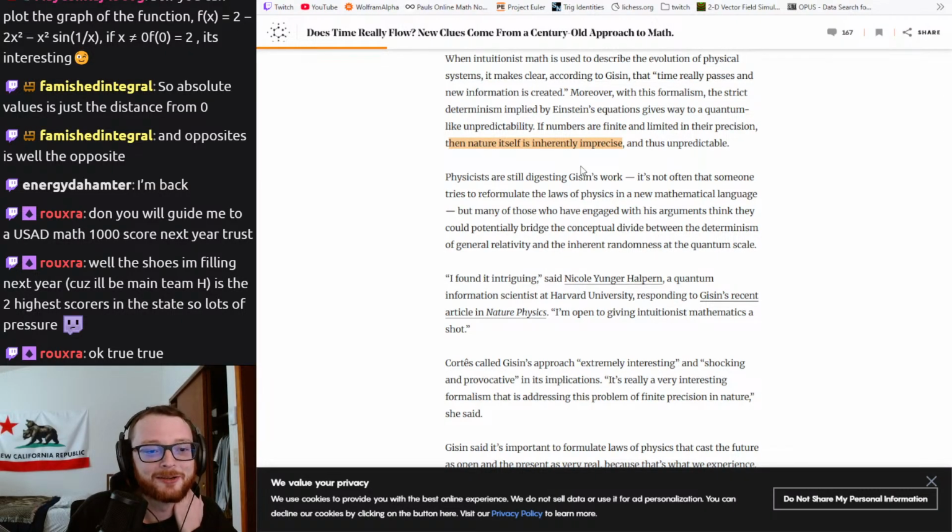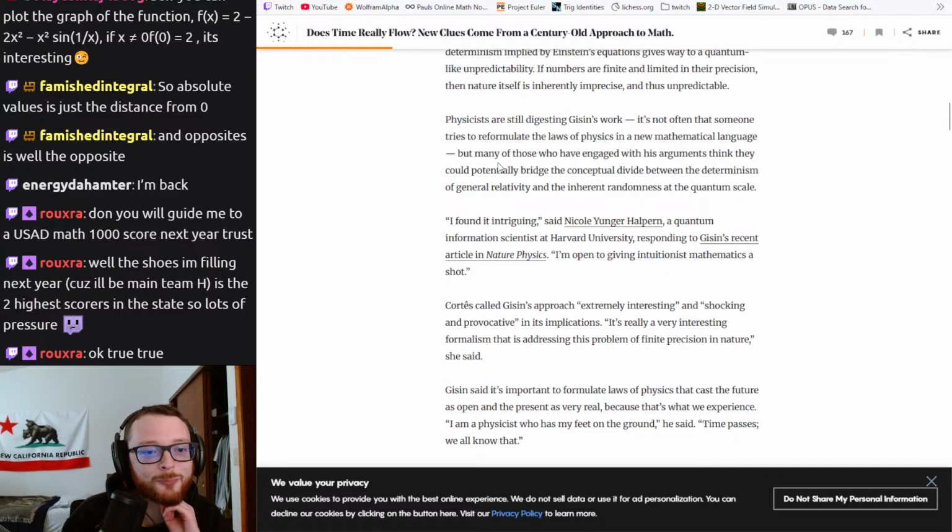I find that phrase disturbing. I wouldn't like it if that was true, if nature was inherently imprecise. But I have thought about it, and it also disturbs me that we sometimes say a physical thing could have length of root 2, because how do you ever measure that? So I guess I can kind of see what the argument is. If it is infinitely precise, humans can never prove it.